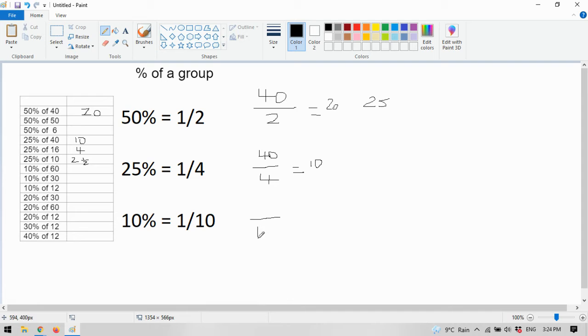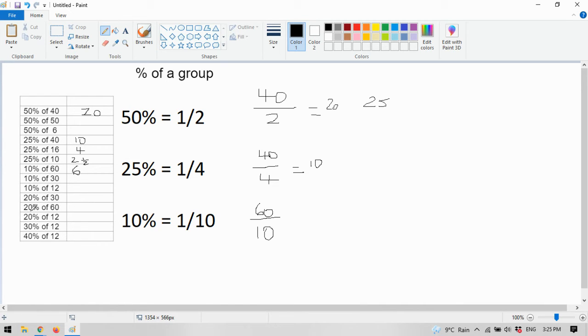So when we're looking for a tenth, we're dividing by 10. Makes sense, doesn't it? So 60 divided by 10 is the same as 6 divided by 1, which is 6. 10% of 60 is 6. 10% of 30 is the same as 30 over 10, which is 3.